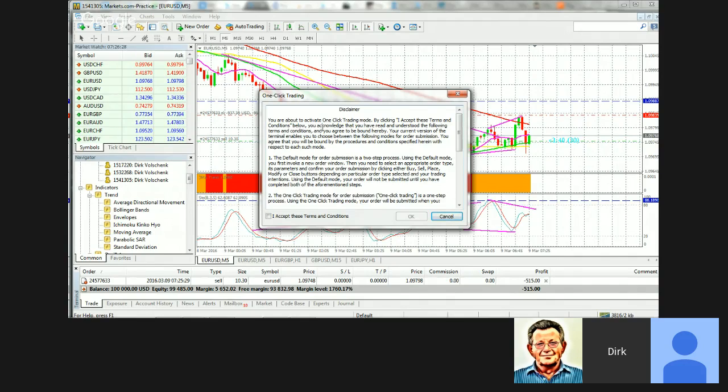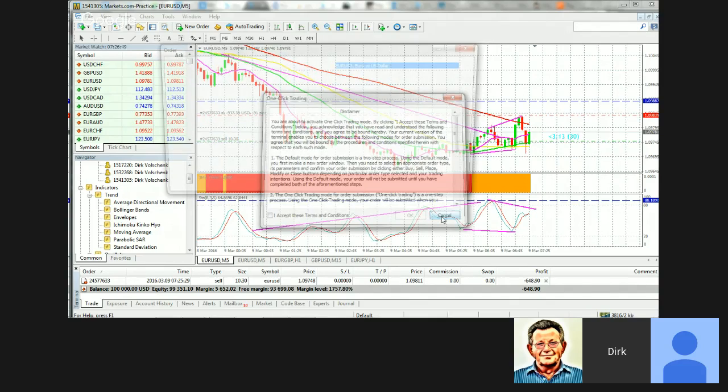Convenient, yeah, but is it convenient to put a brick on the accelerator pedal of your car just because you don't have to put your foot down and you can be busy with something else? I think not. So always cancel the one-click trading. Never, ever go for one-click trading.